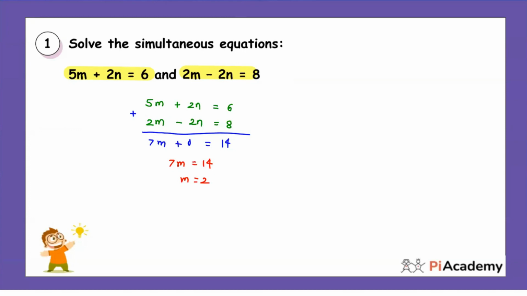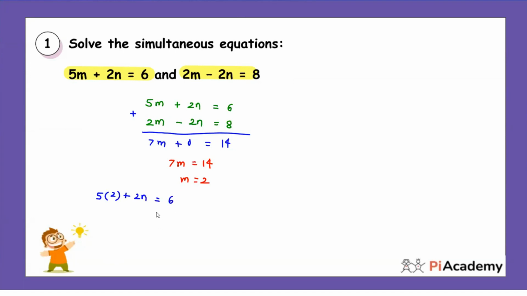Now step number 3 is all about substituting this value to find the other variable, right? I am using the first equation. Instead of 5m, I will put 5 times 2, plus 2n equals 6.